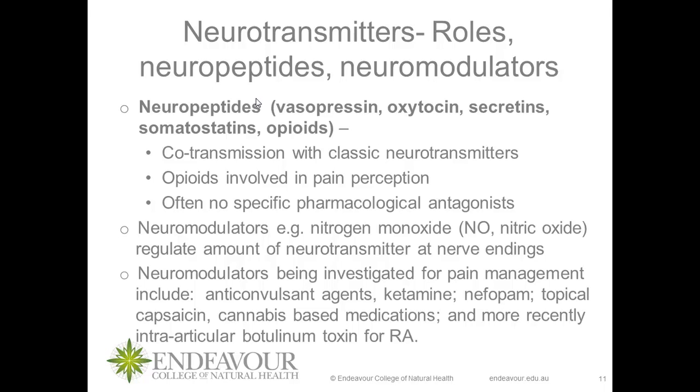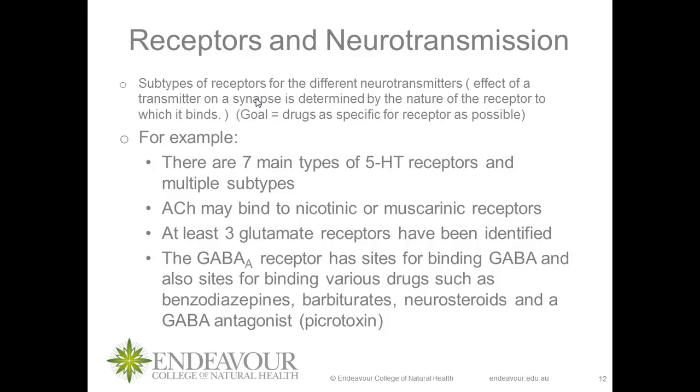In the peripheral nervous system, and perhaps also at the CNS level, botulinum toxin might be neuromodulatory, helping control pain in rheumatoid arthritis, abbreviated to RA. It's being studied quite recently as perhaps being neuromodulatory in its actions.